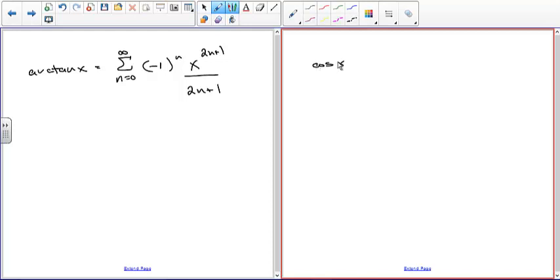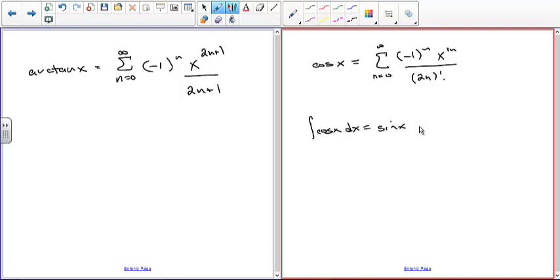So the cosine of x is equal to the summation from n equals 0 to infinity of negative 1 to the n times x to the 2n divided by 2n factorial. So I know that the integral of the cosine of x dx is equal to the sine of x plus c.